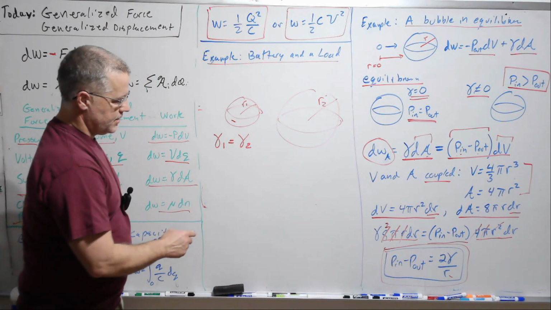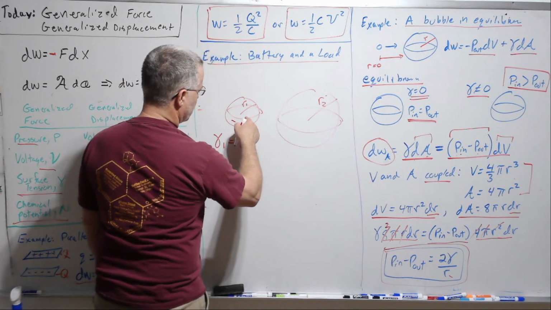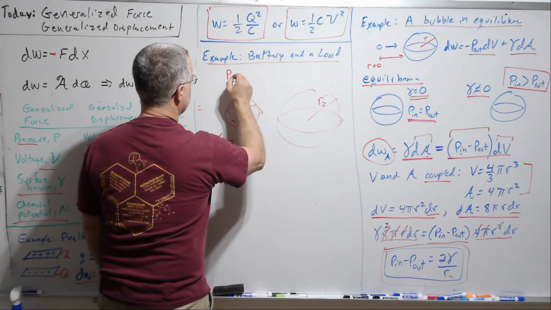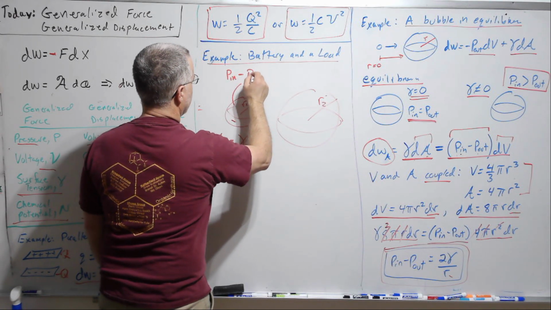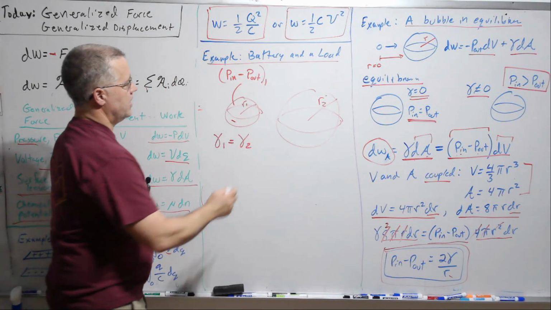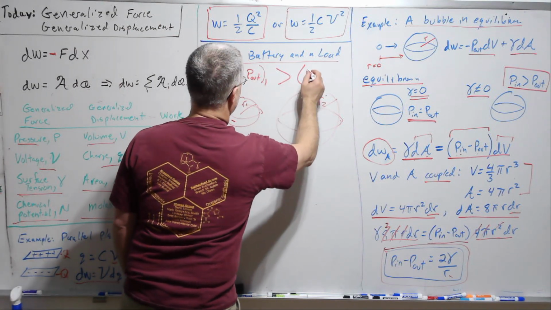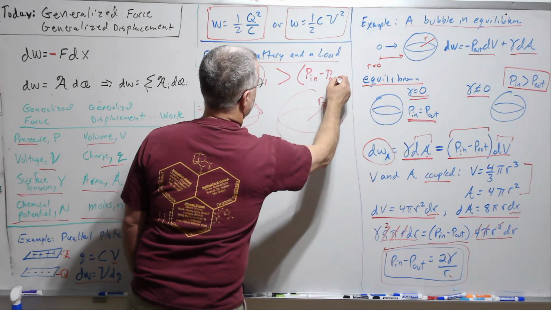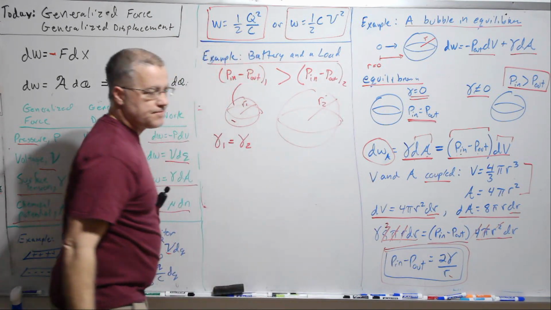But notice the internal pressure is much bigger. The difference in pressure, P in minus P out for bubble 1, is greater than P in minus P out for bubble 2.